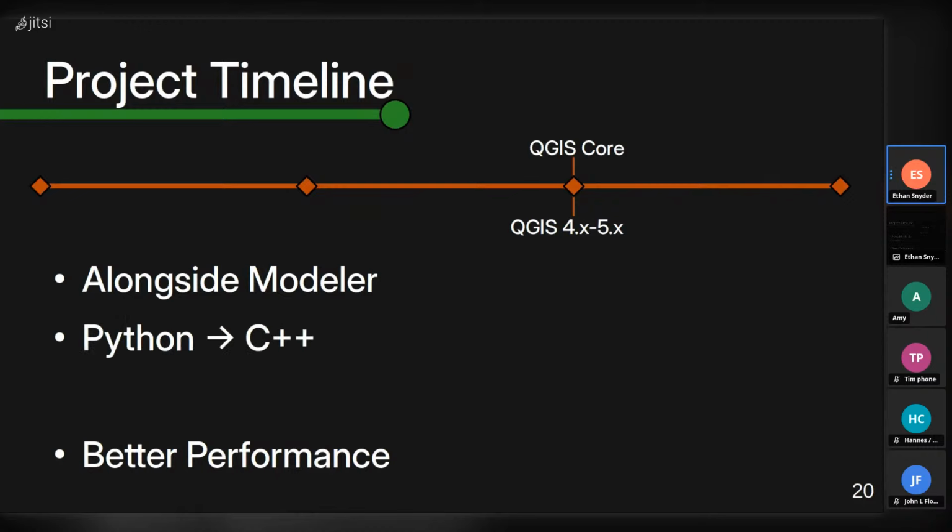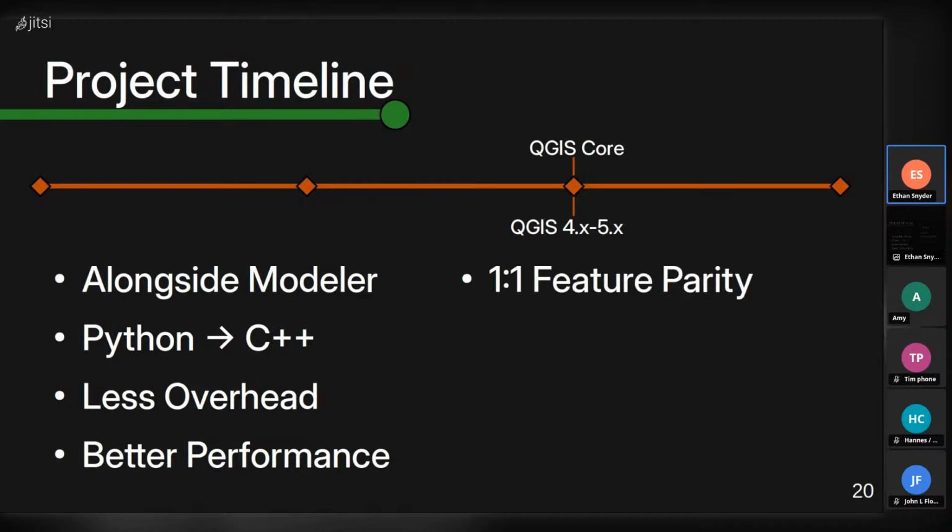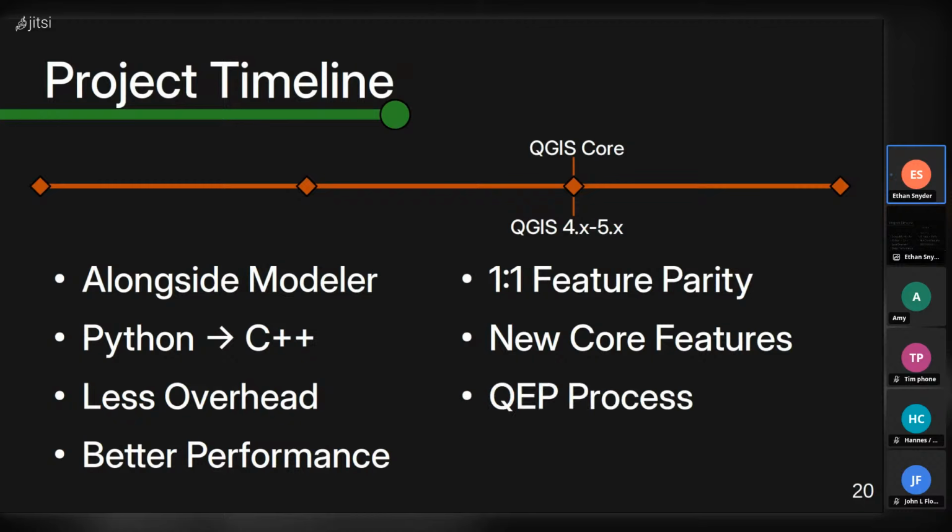It'd be porting the Python code over to C++, which would give less overhead, not having to go through all the layers of abstraction. And of course, as this thing decided to show up before, it leads to better performance with it being a compiled language versus interpreted. The goal at this point would definitely be one-to-one feature parity with the built-in modeler. There would potentially be new core features in QGIS core to help support this.